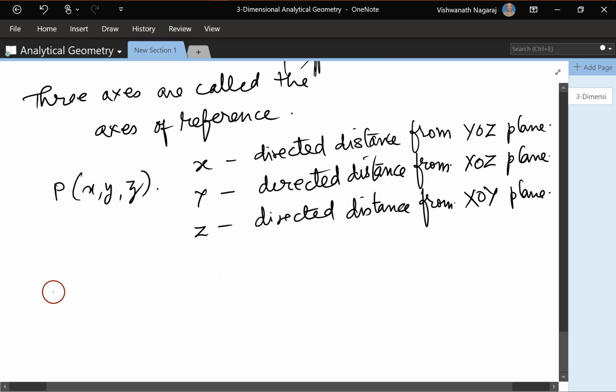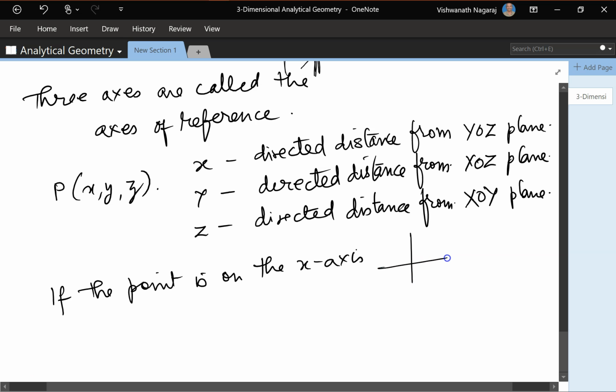Okay, a few more things. If the point is on the x-axis, which means something like this, it is here, it is on the x-axis, this point. So the point is on the x-axis itself, which means that for x there is a value, but for y and z the value is 0.